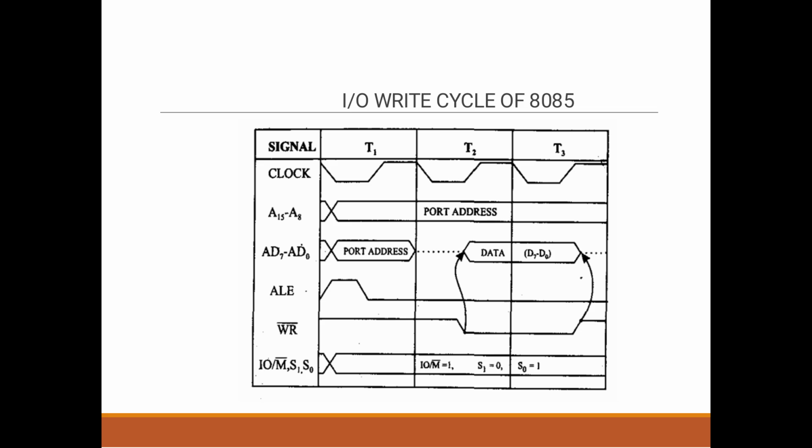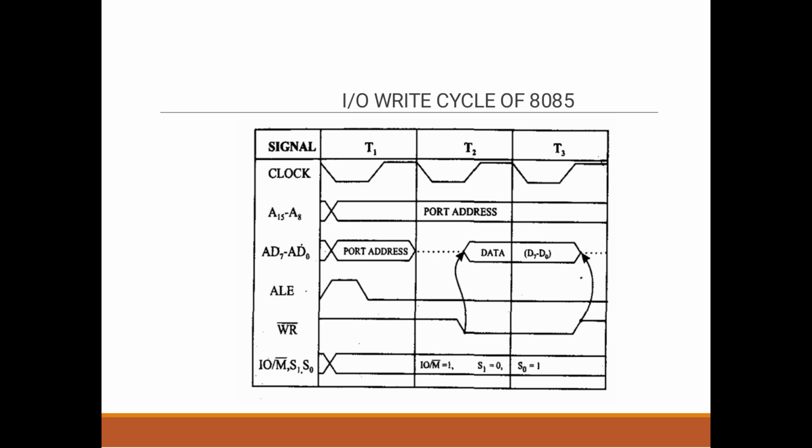The clock signal contains the rising edge and the falling edge, and A8 to A15 contain the port address, and AD0 to AD7 contain the port address in the T1 state and the data in the T2 and T3 states.